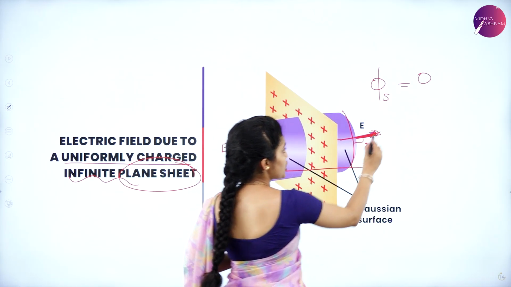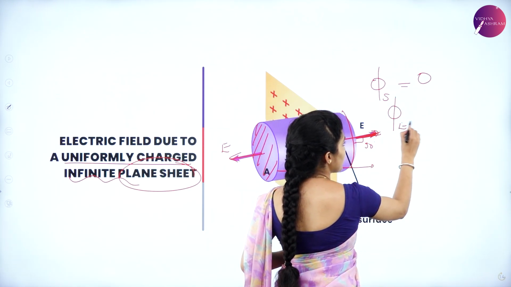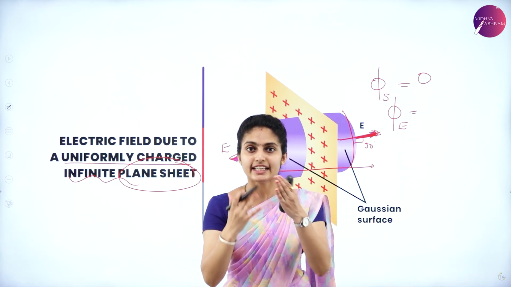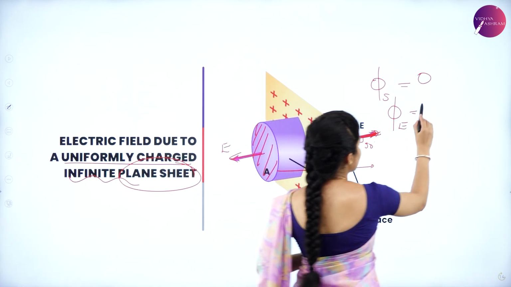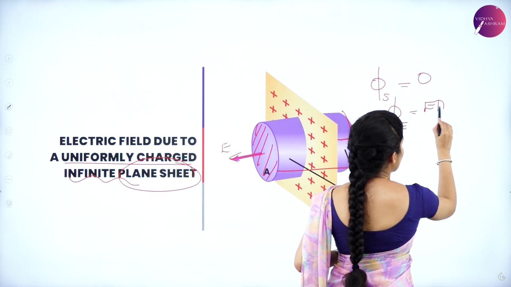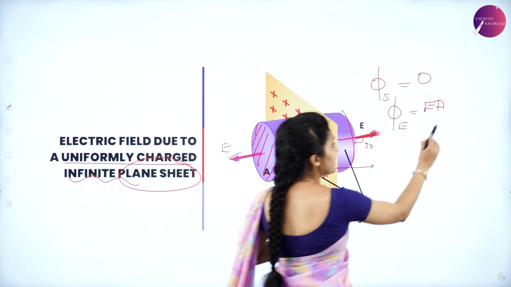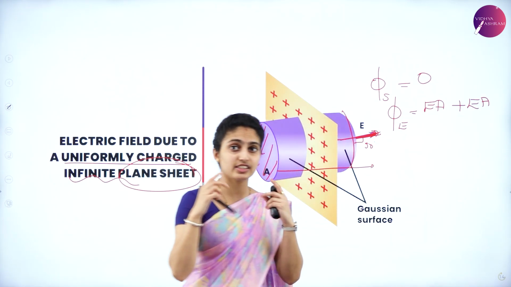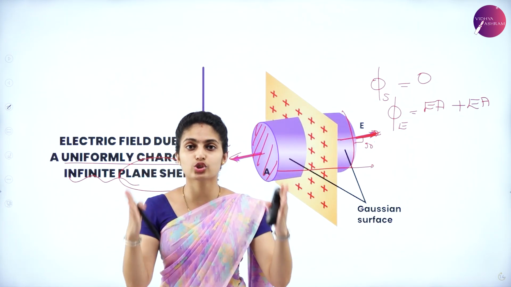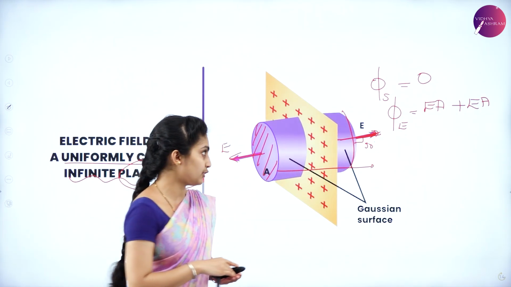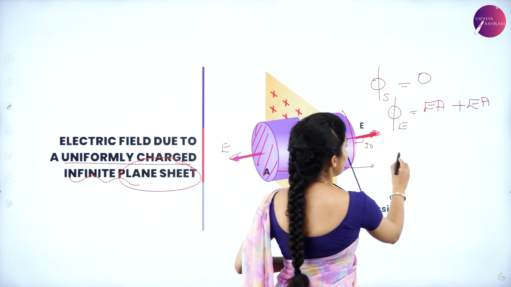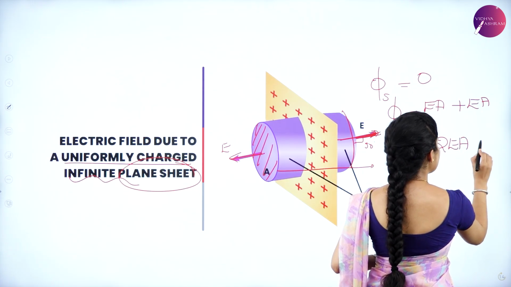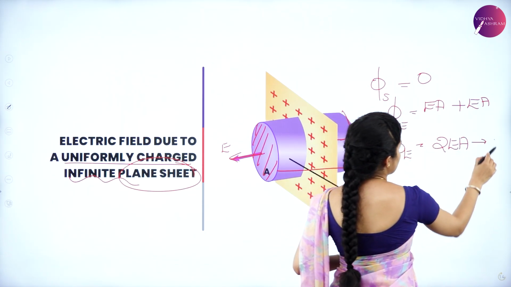Because of this, at the ends the flux is field into area. I can write it as electric field into area from one side, and again electric field into area. Here we are considering two because there are two ends of the Gaussian surface. So at the ends we have 2EA. This can be called equation 1.